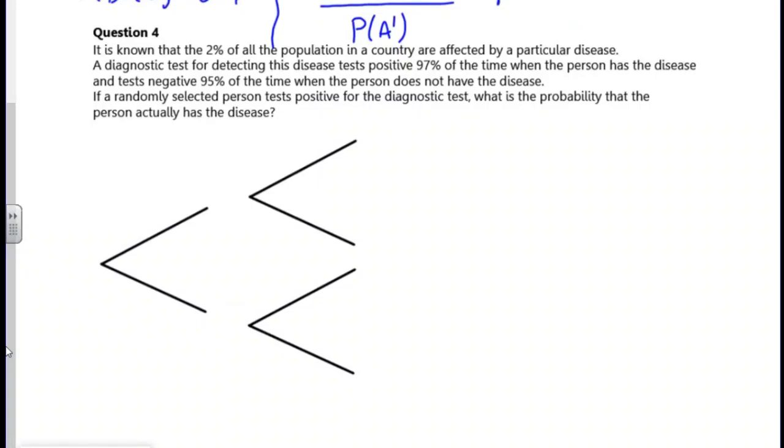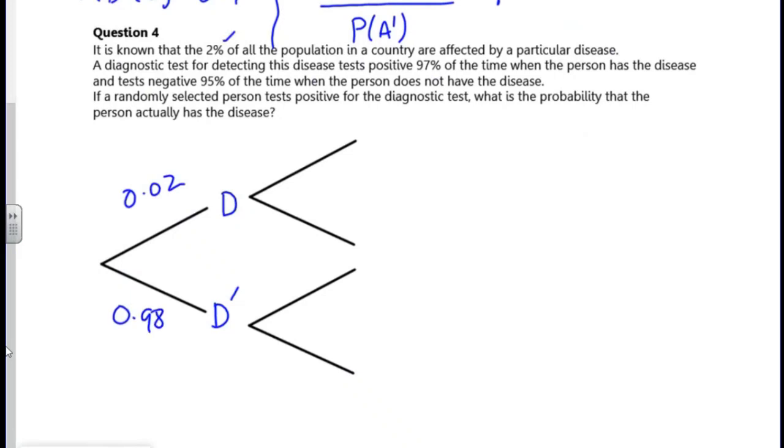Right, last question. It says it's known that 2% of the population in a country are affected by a disease. So 2%, 0.02. So not affected by the disease, 0.98.